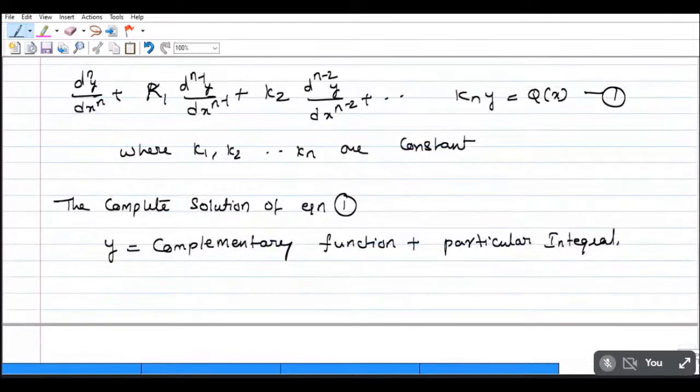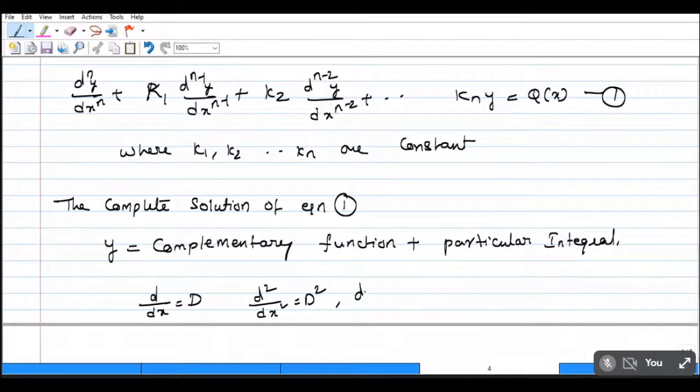Now listen. I'll denote d/dx by capital D, d^2/dx^2 by D^2, d^3/dx^3 by D^3, and so on.